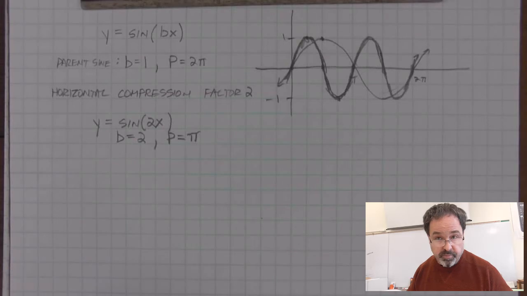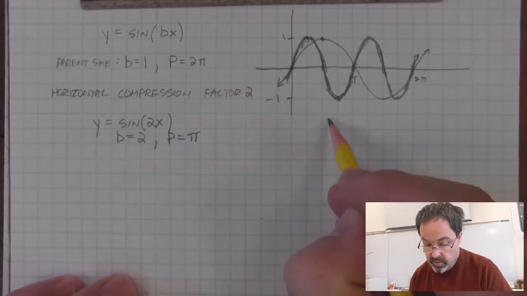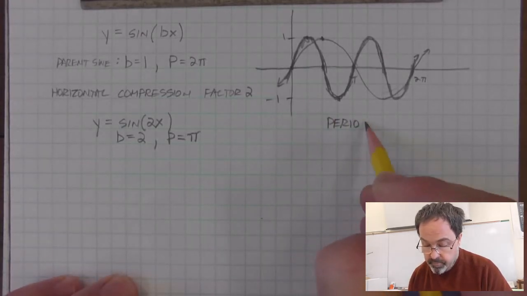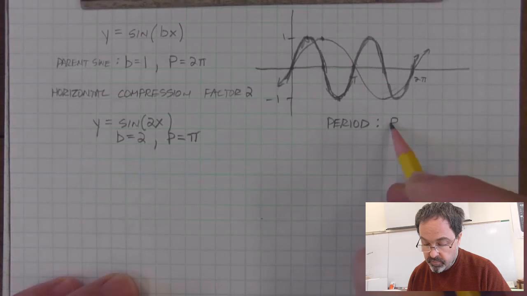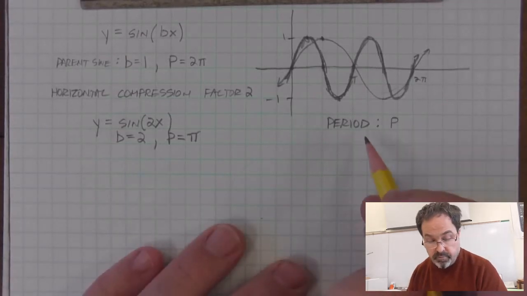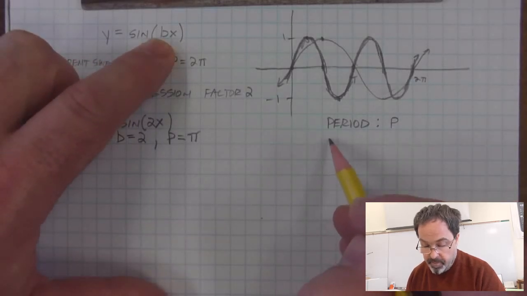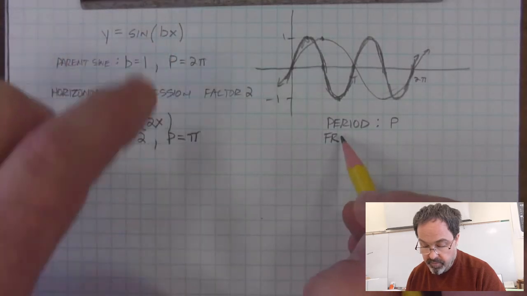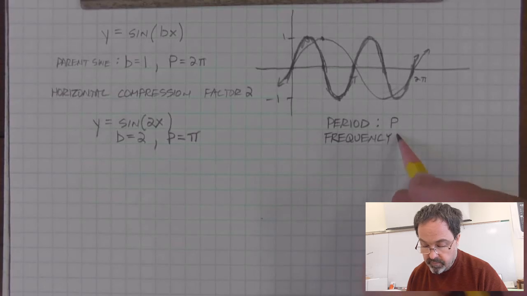And there's a relationship between P, the period, and B, the horizontal compression factor. Period is the space it takes to go through one iteration of a cyclical or periodic function. The value B affects that, but we don't put P directly into the equation. We call the value B the frequency of the cyclical function.